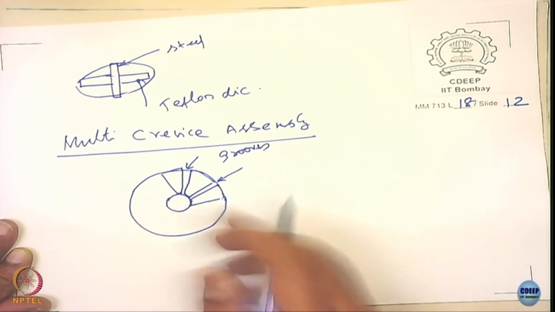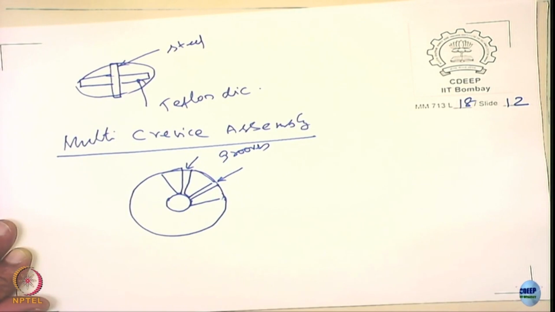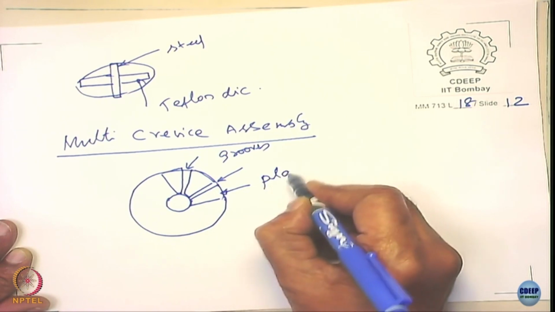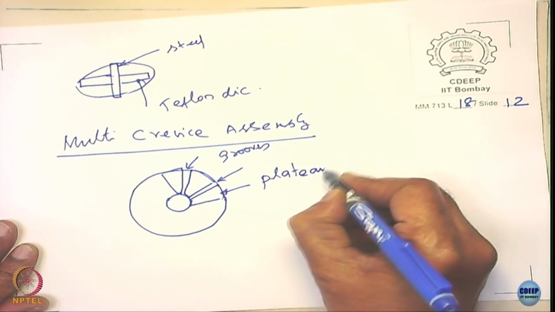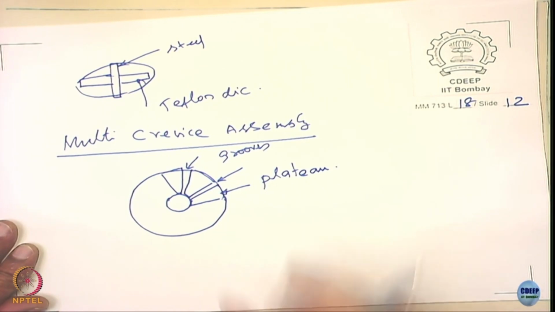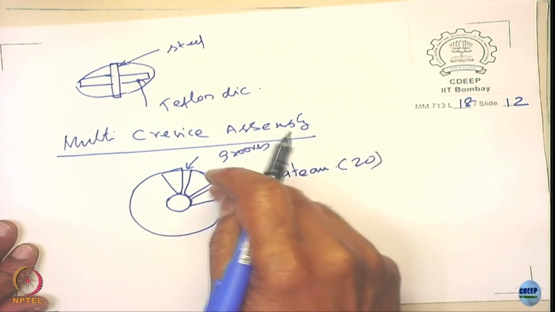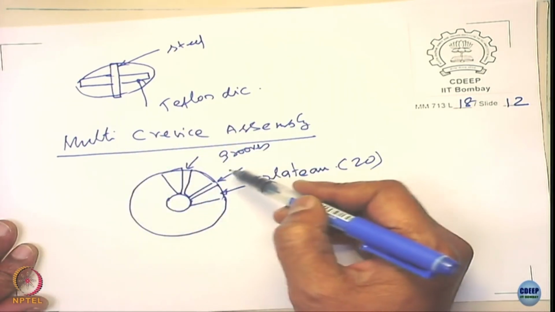So I can make several grooves like that. This is called a plate, and you can have about 20 plateaus, which means about 20 grooves.